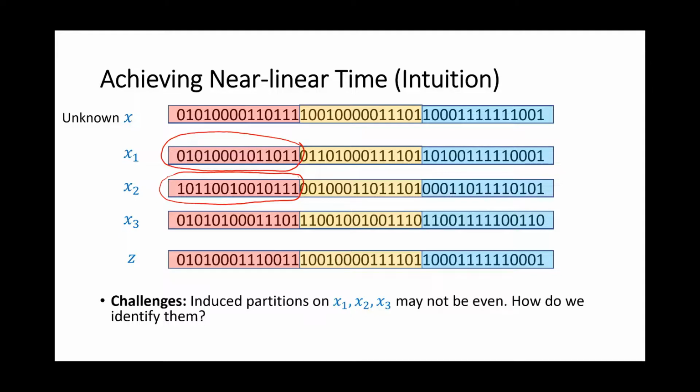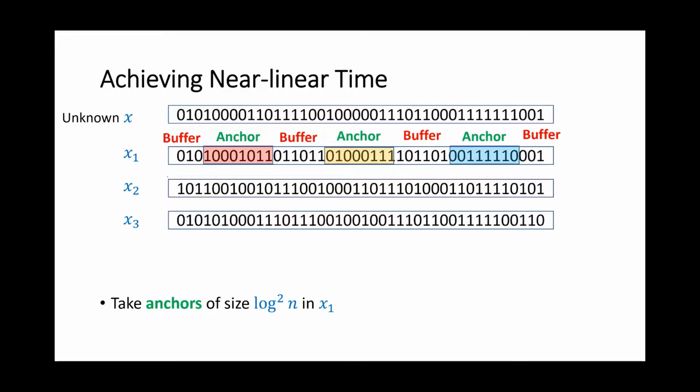So to mitigate this issue, what we have done is the following. First take one of the traces, say x1, and take some small size anchors. Okay, so we take anchors of size log square n, but between two anchors, we keep a buffer space.